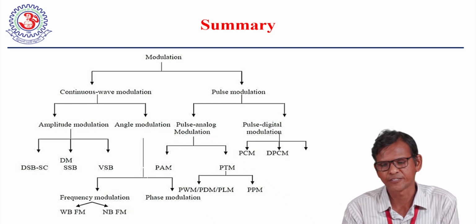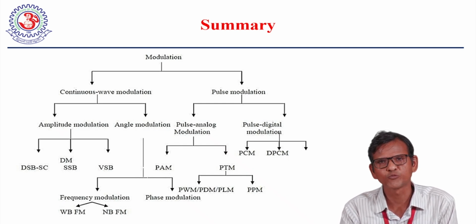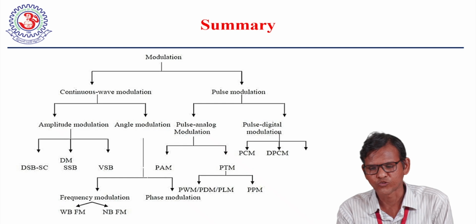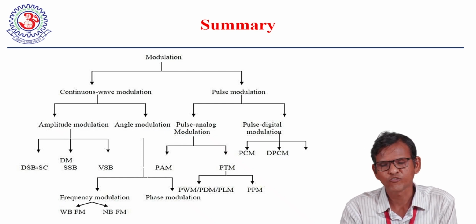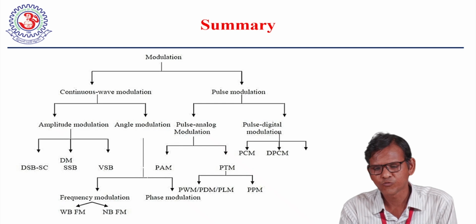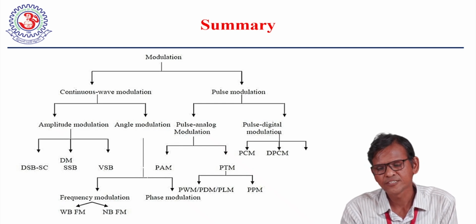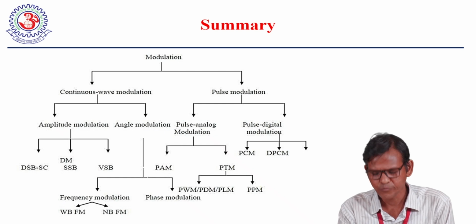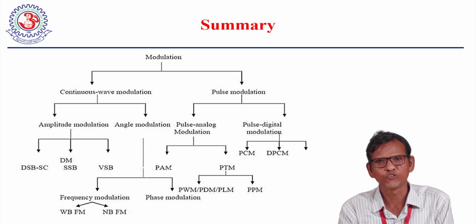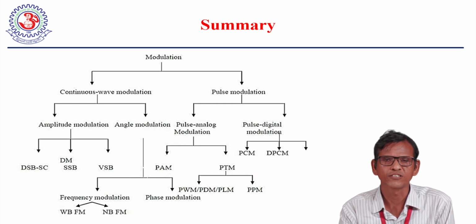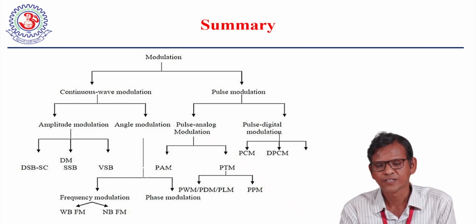That we can also say, or else we can divide it into amplitude modulation and angle modulation, which again is divided into frequency modulation and phase modulation. Frequency modulation is divided into two parts: wideband frequency modulation and narrowband frequency modulation. But this video would be lengthy, so we will skip this for another video.